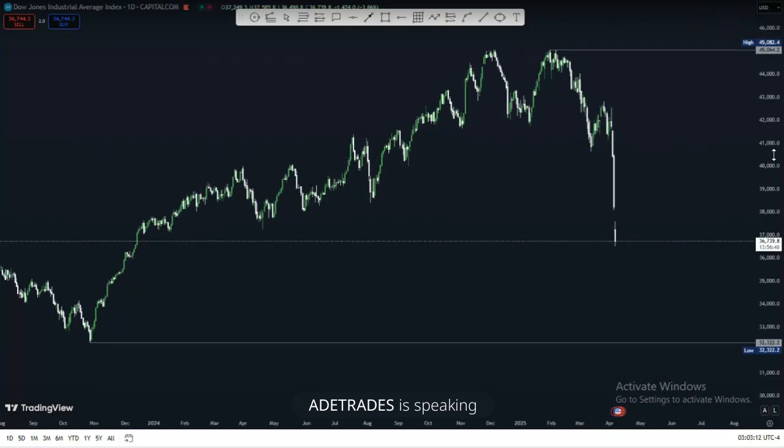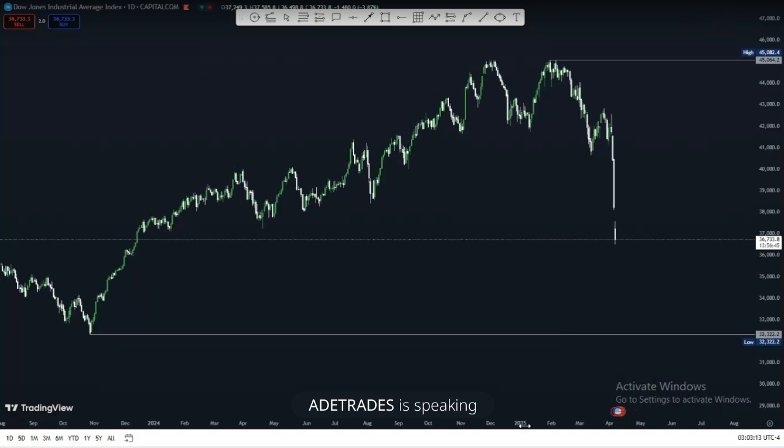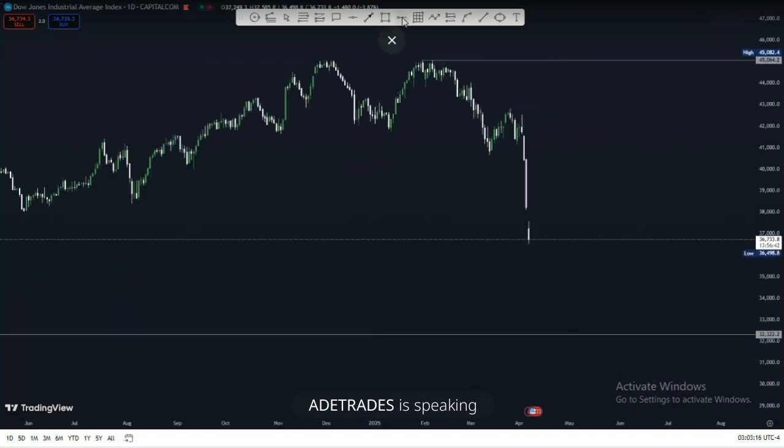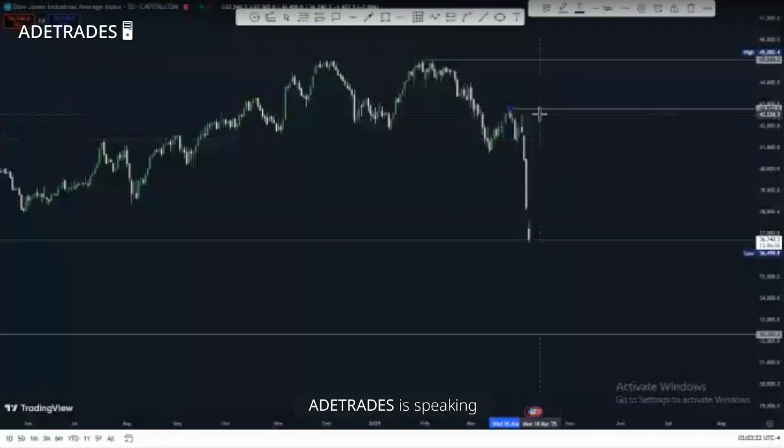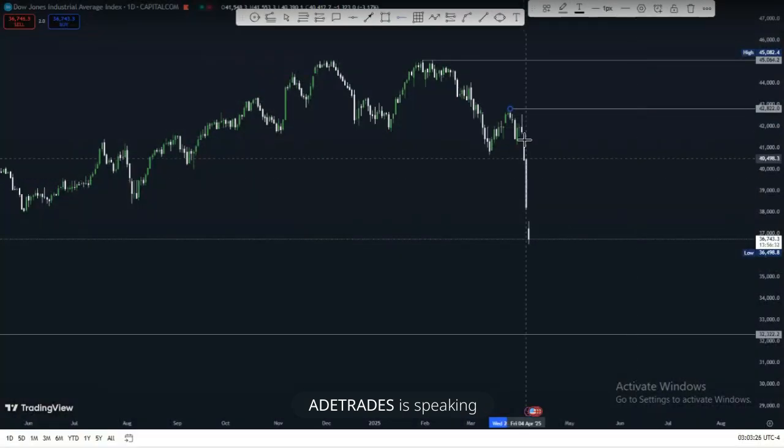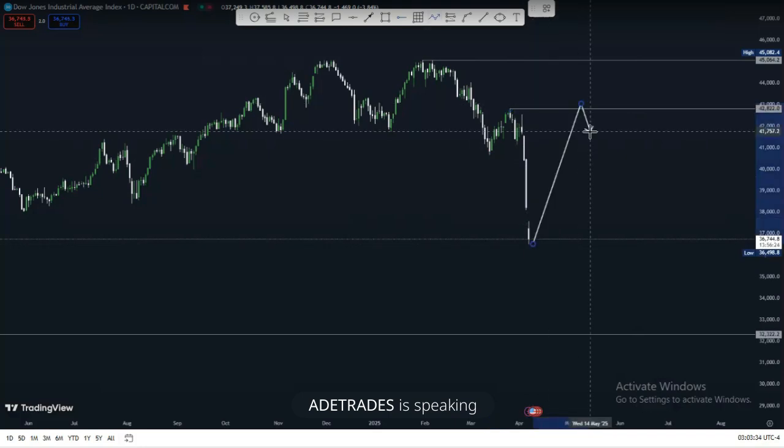So this is the current lower high, the current main structure that we can see on US 30. This is still the valid structure. After that, we don't have any possible structure again. So all we can be looking at for now is US 30 doing something like this.